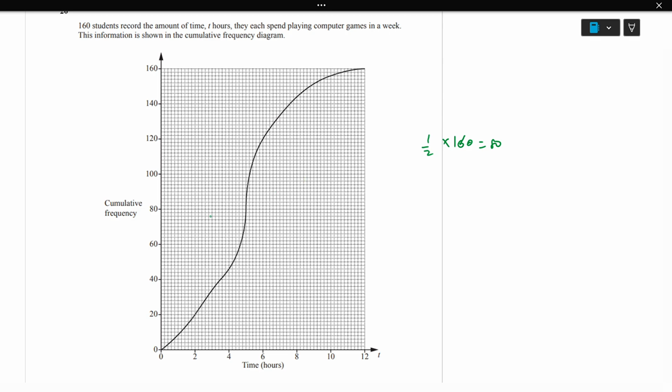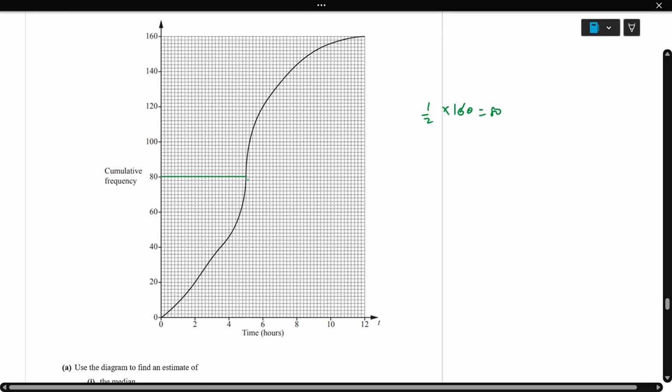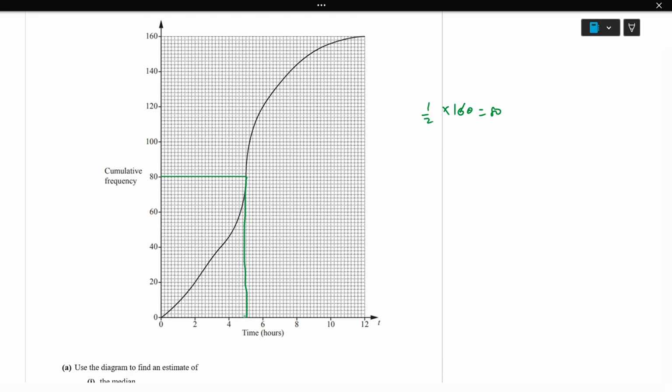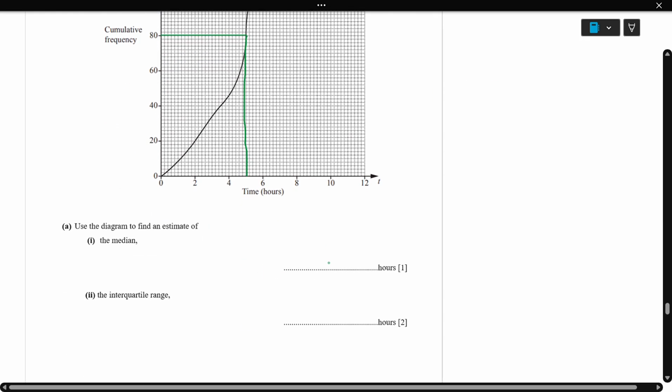Just draw the axis at 80 here. It comes exactly here, so 5. They are playing 5 hours. Here the value is 5.